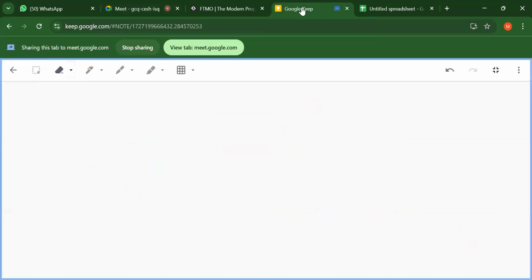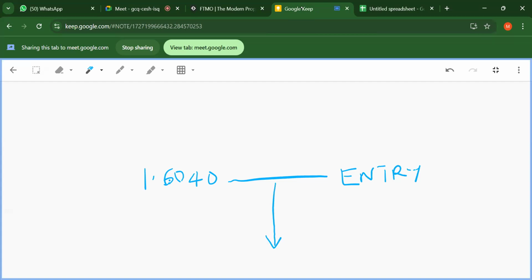So again, you have entered the market here. This is your entry point. Okay, and you're expecting it to go down. So the price point here is 1.6040, and you're expecting it to go down by 40 pips.